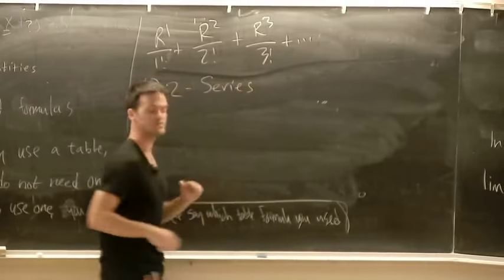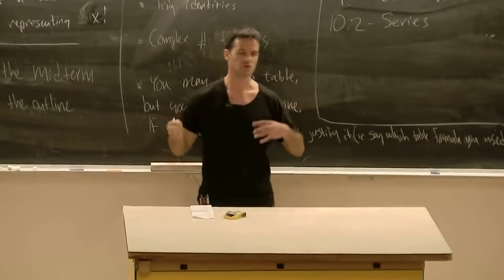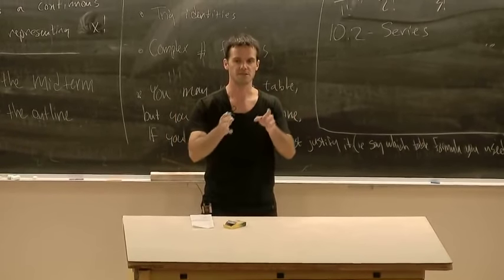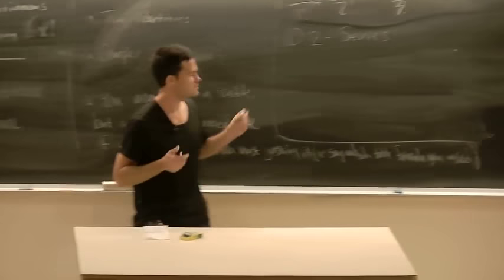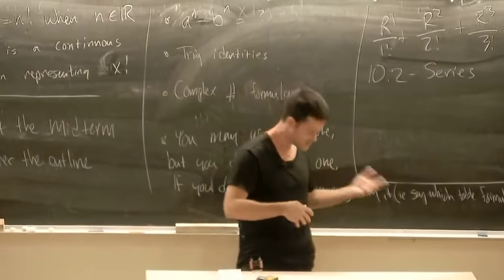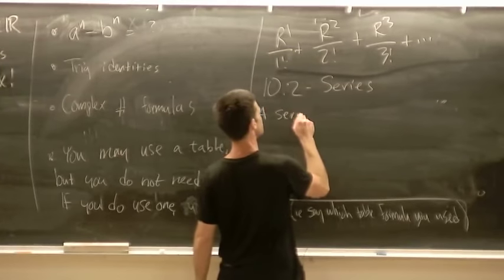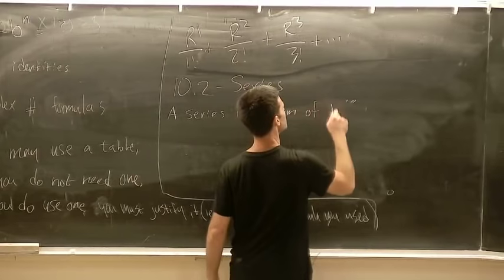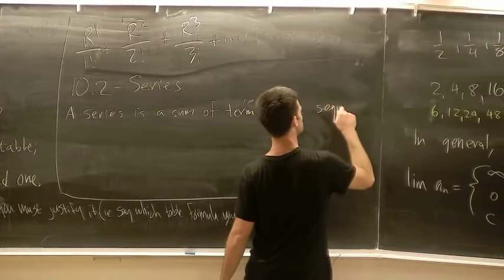A series, the informal way to think of a series is, okay, we just learned sequences. When you have a sequence, you list each term of the sequence in a certain order. With series, you add each term of the sequence in a specific order. So a series is a sum of terms of a sequence.